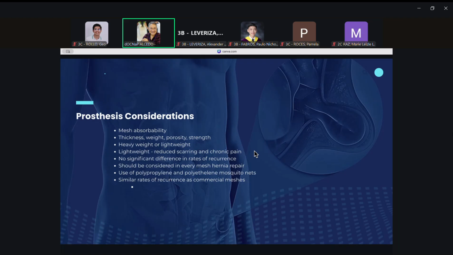Now, in some countries where they need to use a mesh, but it's not available, like for example, in India, historically, they used mosquito nets, no? From polyethylene materials, and when they evaluated the patients post-op, their results were quite considerably comparable to the use of your polypropylene mesh, no? So, pwede rin. Okay? Same principle, except that you use a different material.